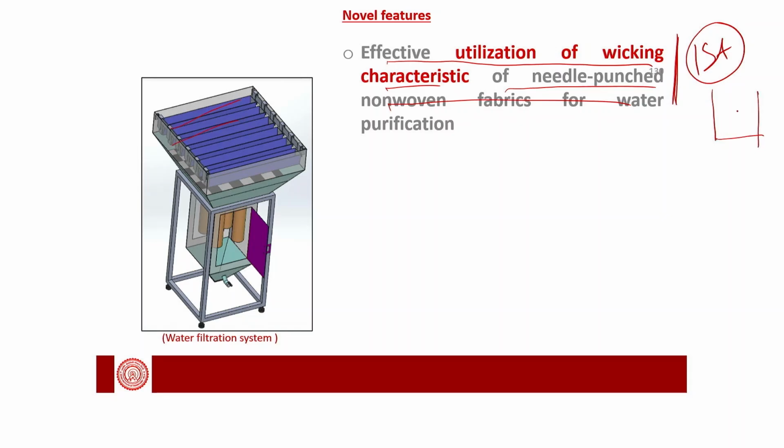Suppose this is a frame, and here we are filling the surface water directly. This water is wicked and collected here. So, that is the first stage filtration.